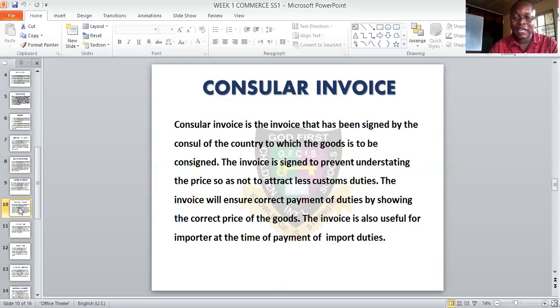The invoice is signed to prevent understating the price, so that they will not reduce the price so as not to attract less custom duties.